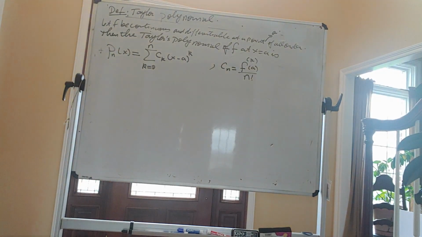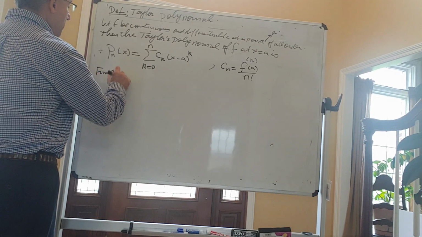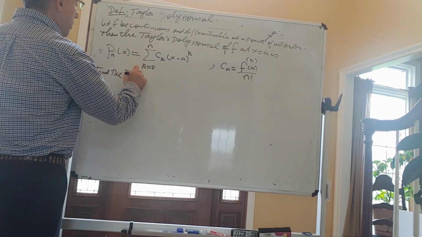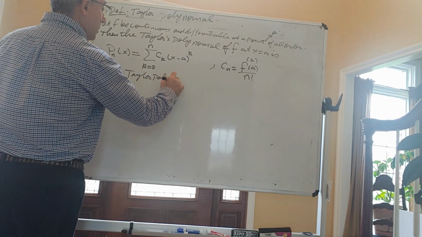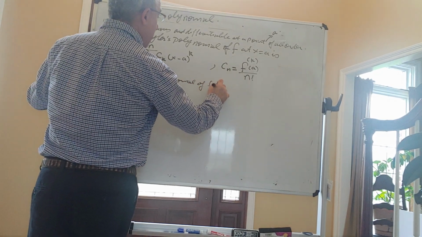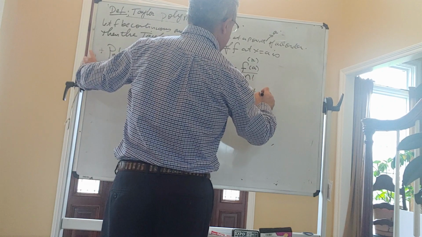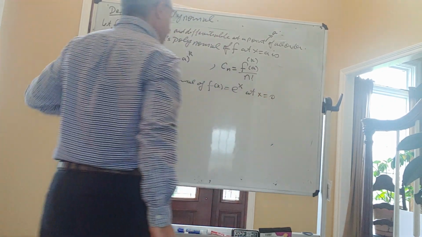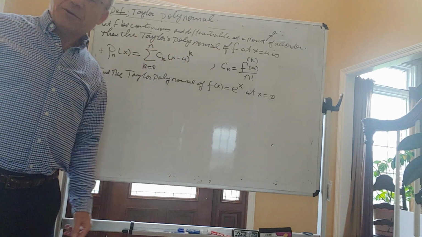Here is an example. Find the Taylor polynomial of f of x equal e to the x at x equals 0. So basically, this looks like a Maclaurin polynomial.